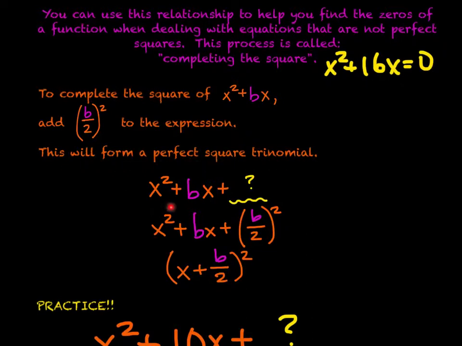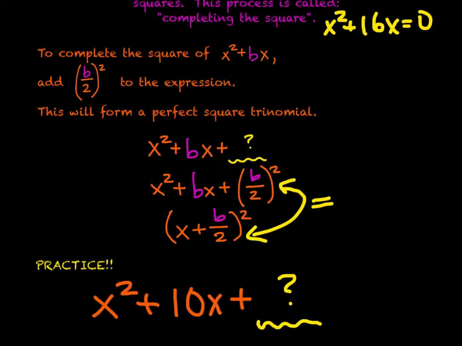So if we have x squared plus bx plus something we don't know, we can model that by taking our b term, dividing it by 2, squaring it, and adding it to the end. We can then take that b divided by 2 and put it into our factored form, x plus b divided by 2, and that whole quantity is squared. These situations are equal.